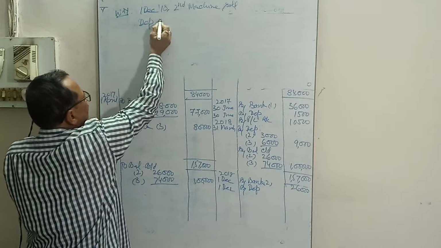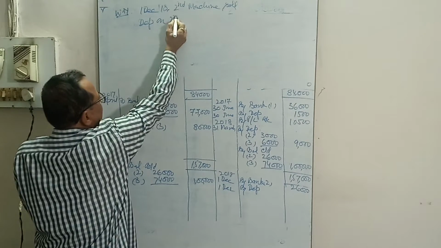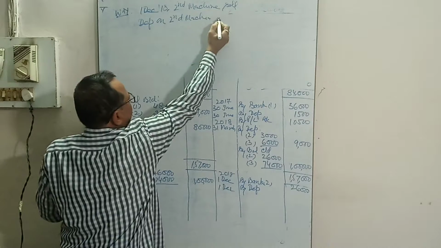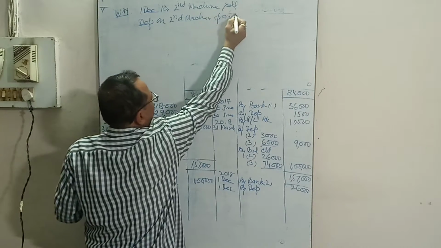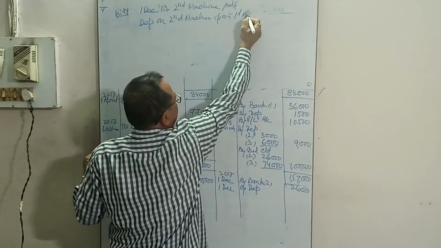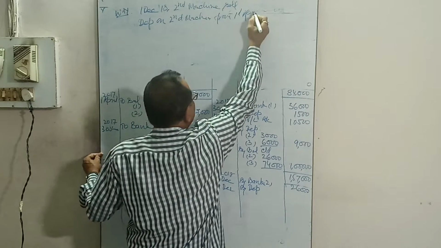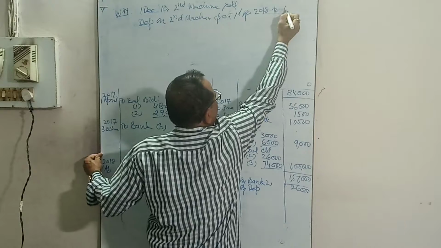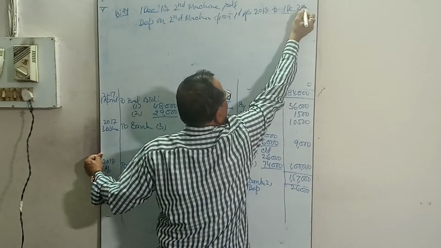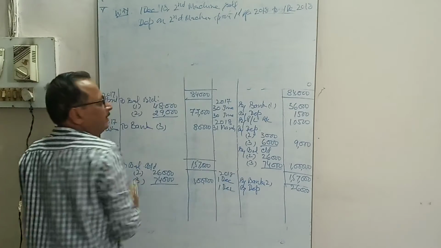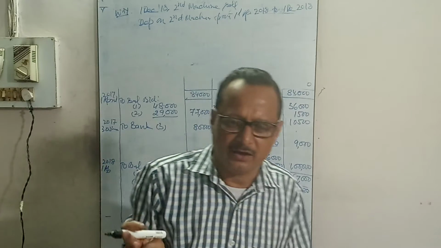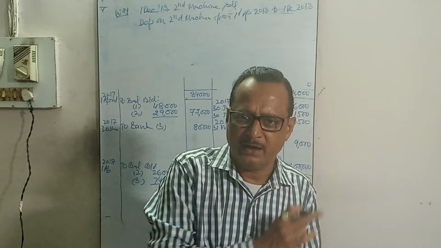Depreciation on second machine from 1st April 2018 to 1st December 2018. That is for April, May, June, July, August, September, October, November. 8 months.